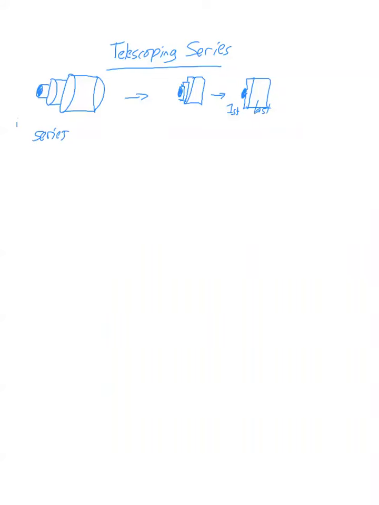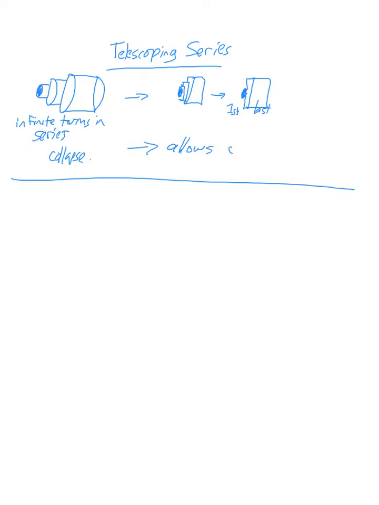The infinite terms in the series all collapse, and this allows explicit calculation. Okay, so here's what a telescoping series is.